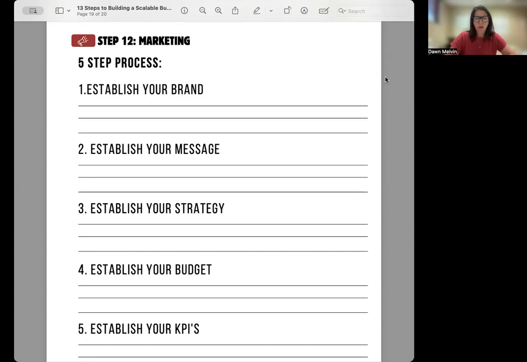What is your brand and what are you looking to portray to your current clients and customers and future clients and customers of your business? You as a person, your brand, it's your whole brand identity.